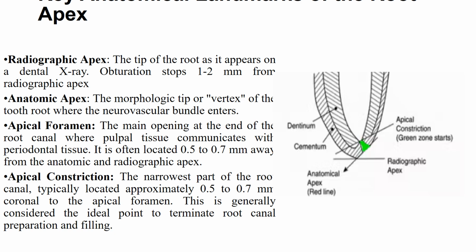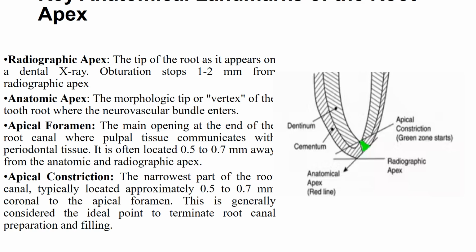When I say the word anatomic apex, it is nothing but the vertex of the tooth root where the neurovascular bundle enters. The apical foramen is the main opening at the end of the root canal where the pulp tissue communicates with the periodontal tissue. It's usually located 0.5 to 0.7 mm away from the anatomic and the radiographic apex.